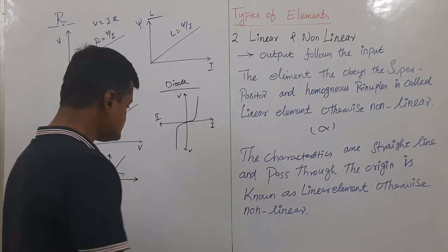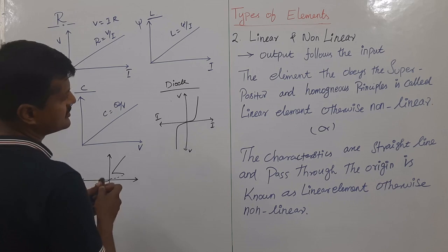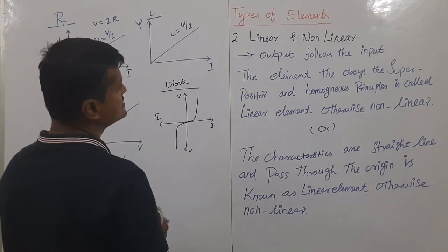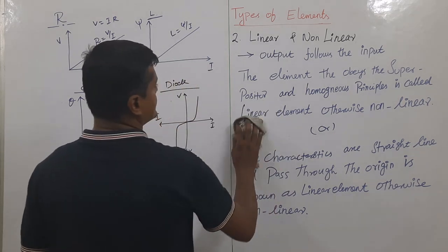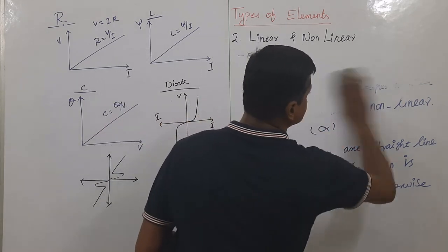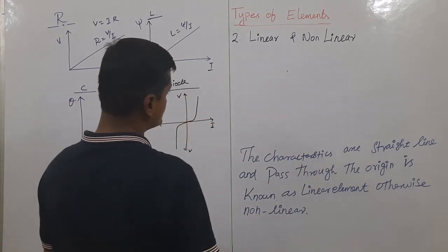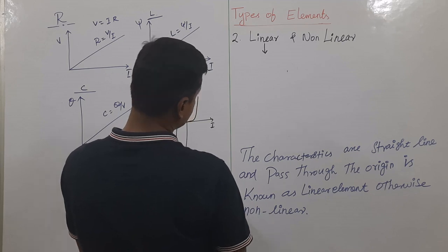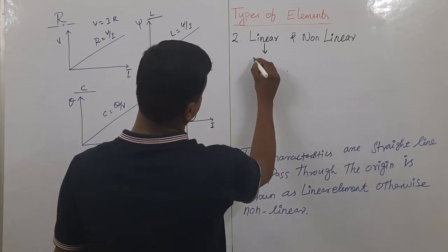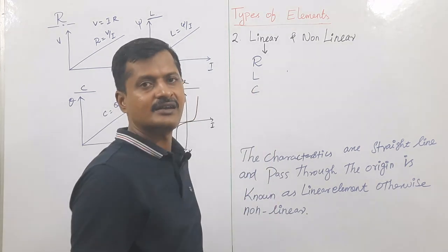So you can write the examples for linear elements here. Examples for linear elements are resistor, inductor, capacitor, which are linear elements.